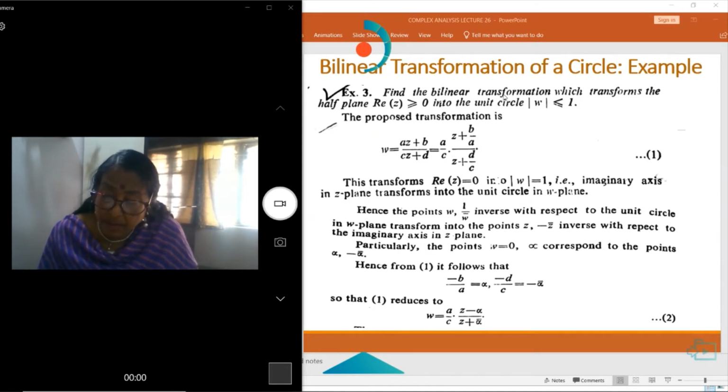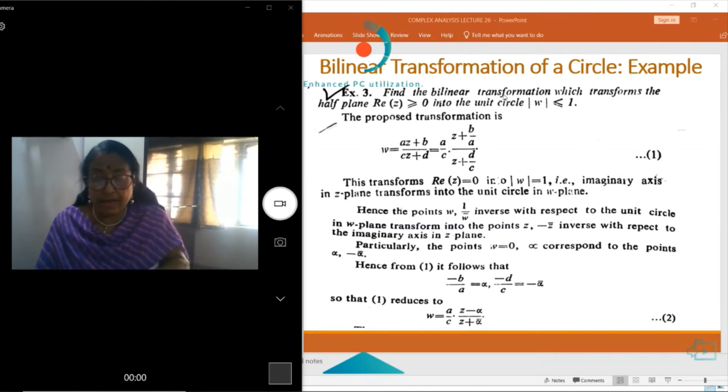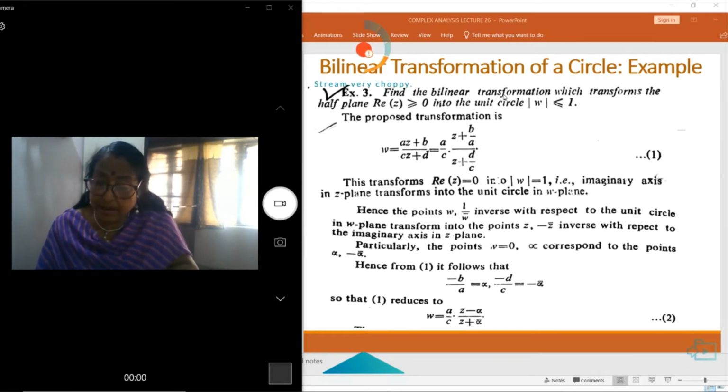So w and 1 by w bar, inverse points with respect to the unit circle in the w plane, transform into points z and minus z bar, inverse with respect to the imaginary axis in the z plane. Particularly, the point when w is equal to 0.